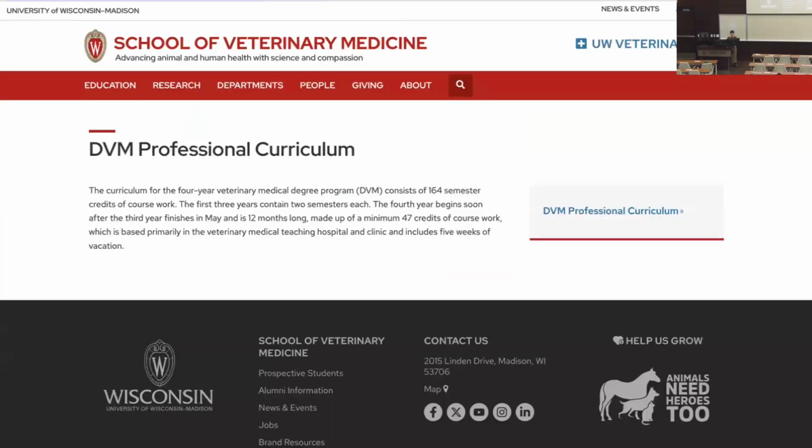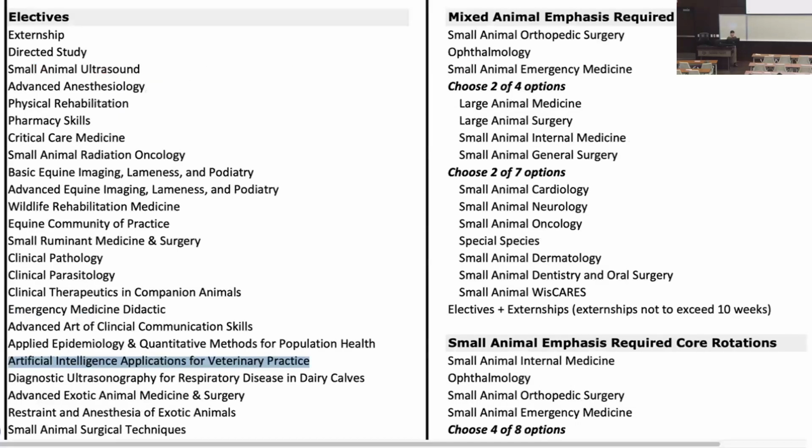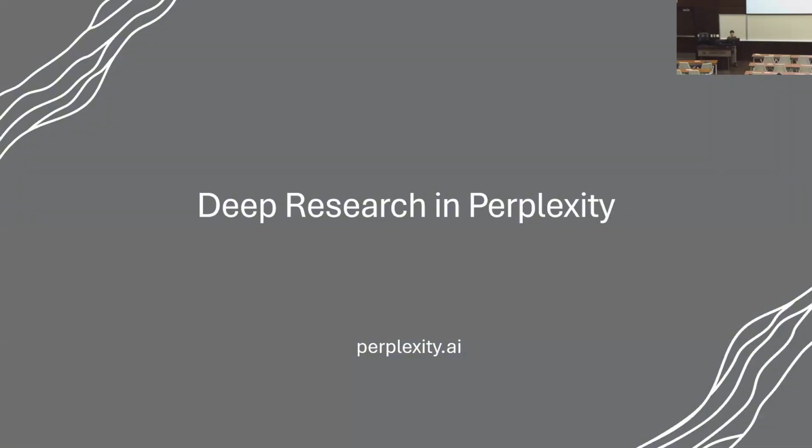When I click on the link, I can access their professional curriculum here, and here's the PDF file. But when I go down, I found there is actually Artificial Intelligence Applications for Veterinary Practice. So just remember, these tools are helpful, but they can make mistakes as well.